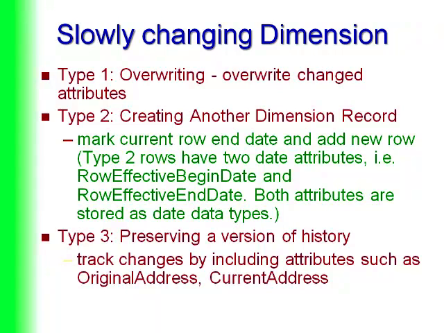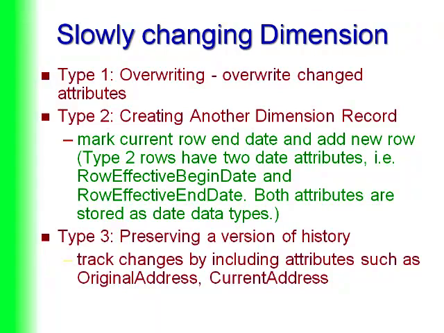The purpose of adding these two attributes in a separate row is to mark the current row end date and add a new row. So by appropriately specifying the conditions, we can identify which set of records are related to the previous data and which set of records are current data with the change in the dimension values.